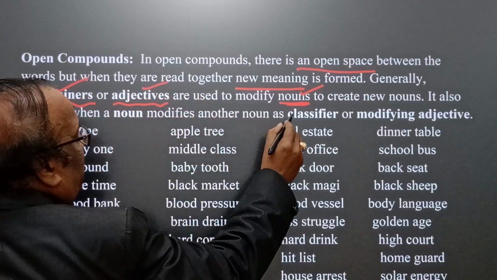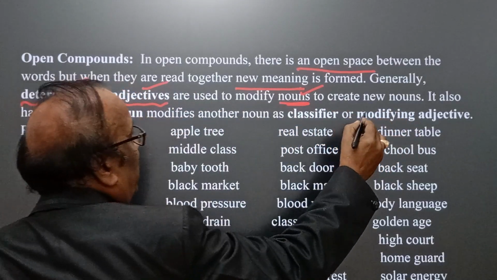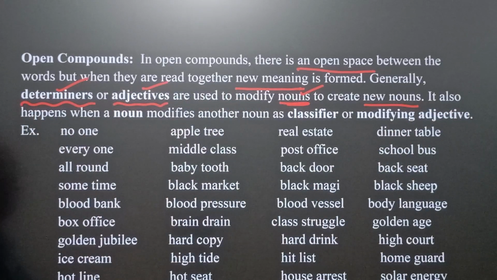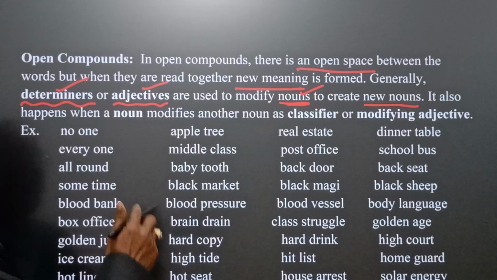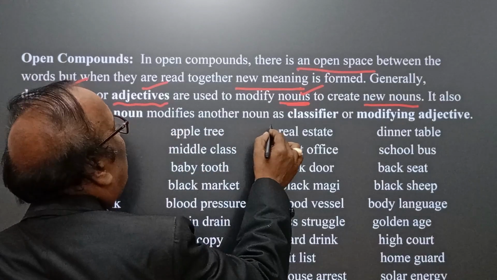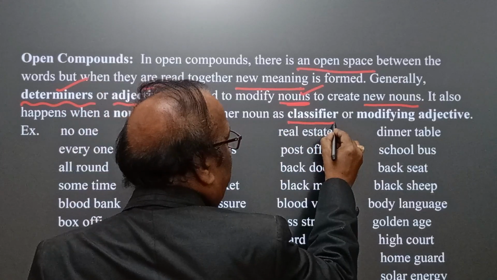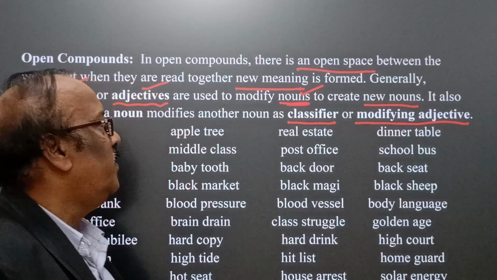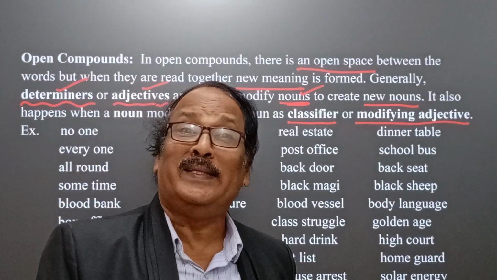Determiners and adjectives create new nouns. It also happens when a noun modifies another noun, as a classifier or modifying adjective.